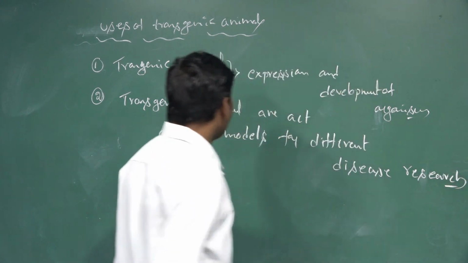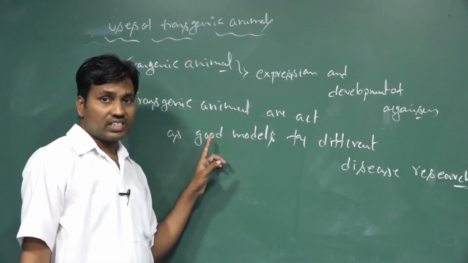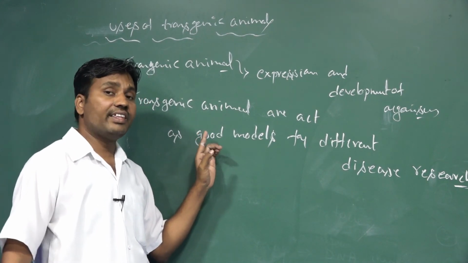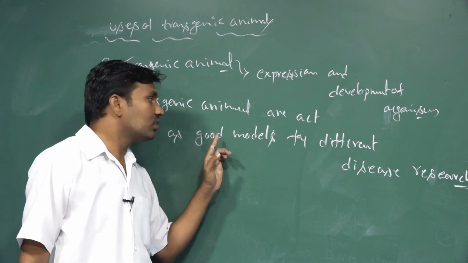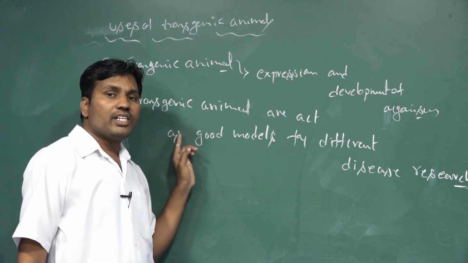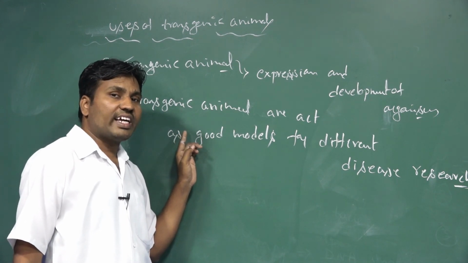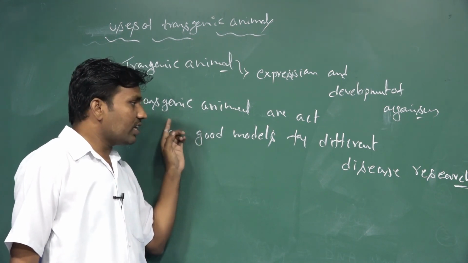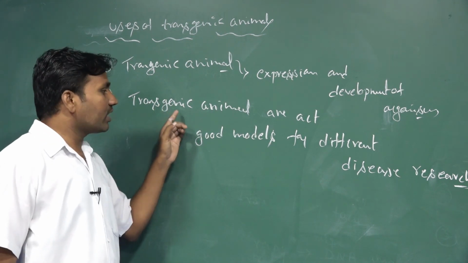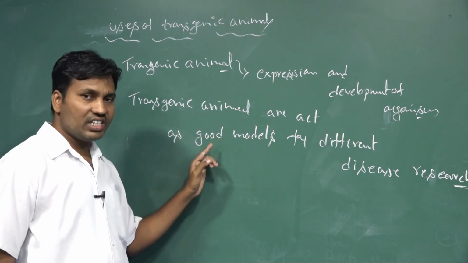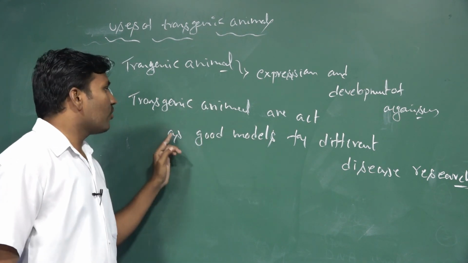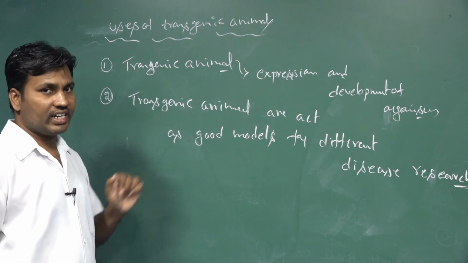So to study different types of diseases and their causing genomes, we do not conduct experiments on humans. There we use these transgenic animals to recognize different diseases and their treatment process.